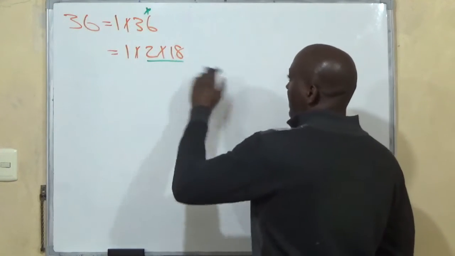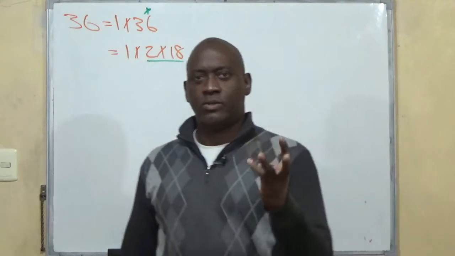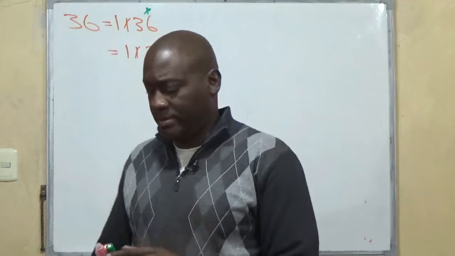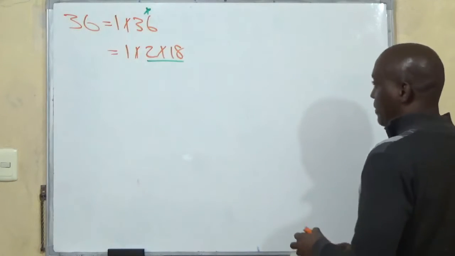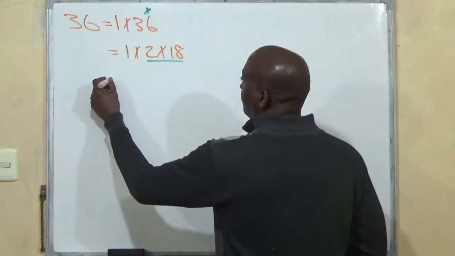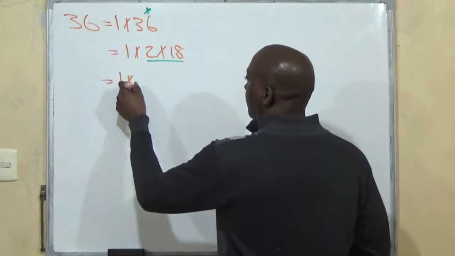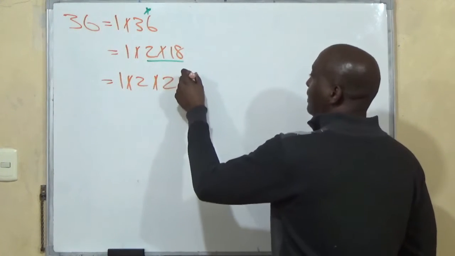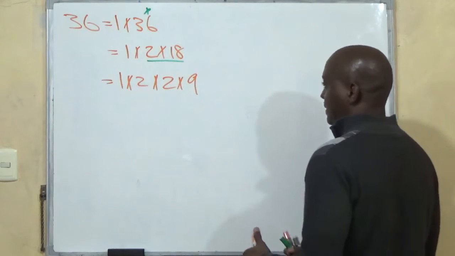So 18 is 2 by 9. No problem. We're keeping it simple. So what we will have here would be what? 1 by 2 by 2 by 9. Right?